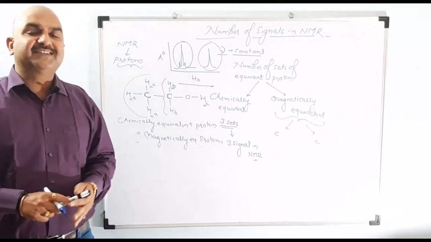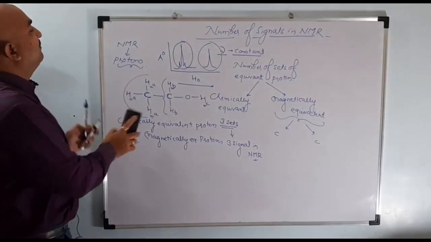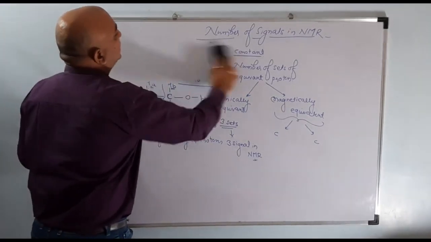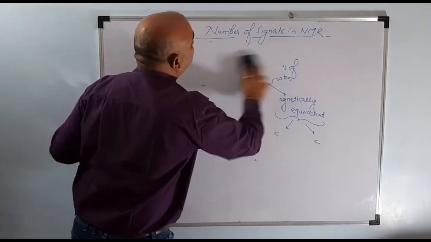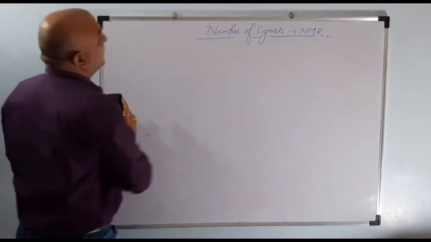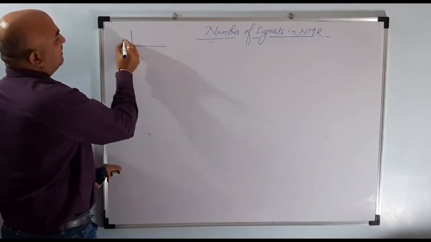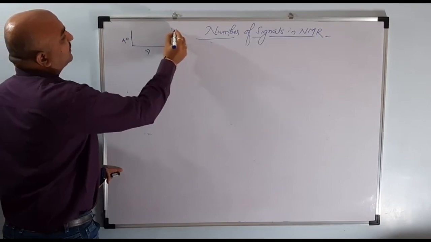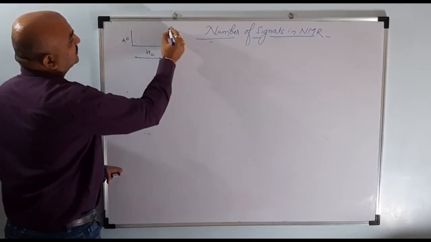Now we are going to discuss the different compounds. Now we have formulated one most important thing. As all of you know, NMR spectra is a graph of absorption versus external magnetic field where radio frequency is constant.